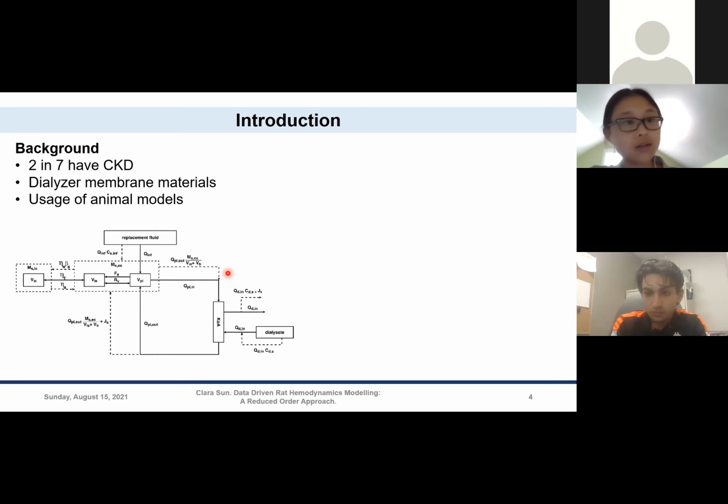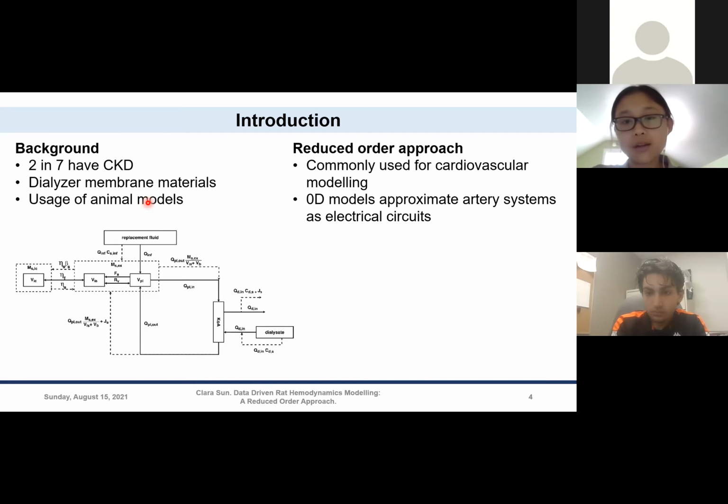Animal models, including rats, have been used extensively to study hemodynamic phenomena, and the rat serves as a suitable model of renal processes due to the similarities between the human and rat cardiovascular and renal systems. To construct the whole rat hemodynamic model, we are using a reduced order approach, and this method is commonly used for cardiovascular modeling and is known to be accurate for most cardiovascular simulations.